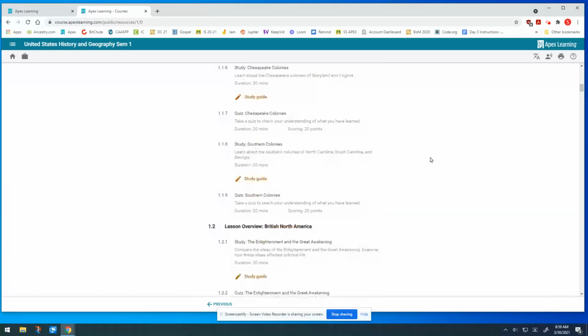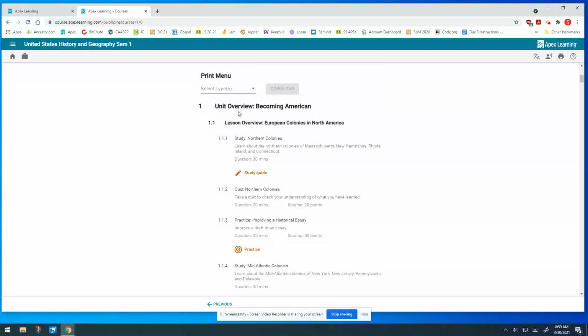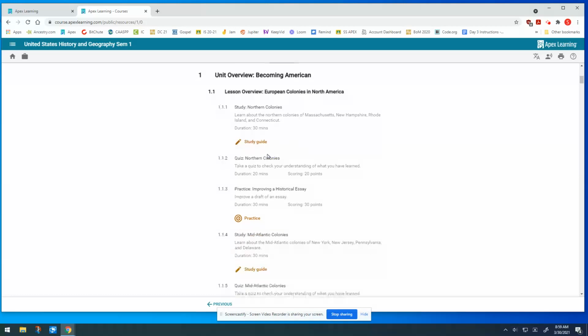So if you go up here to Unit 1 overview, the first lesson is on European colonies. If you were using a textbook, this would be like chapter 1, and you would go through, and these would be each of the sections in that chapter. Whenever you see an orange writing or an icon, you would click on that.